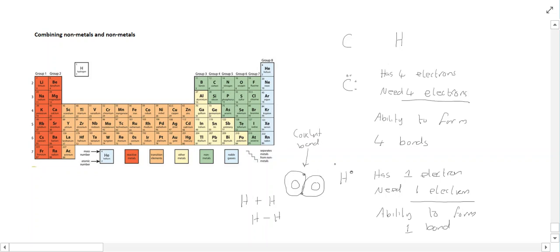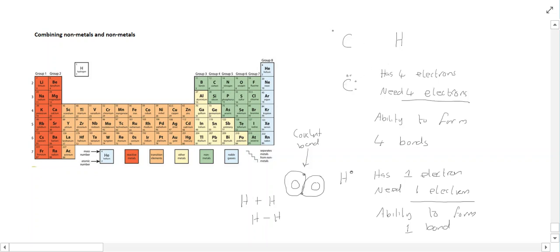A way to think about it is, whatever number of electrons the atom needs, that's the same number of potential bonds it could form. Carbon needs 4 electrons, so it can connect with up to 4 atoms.